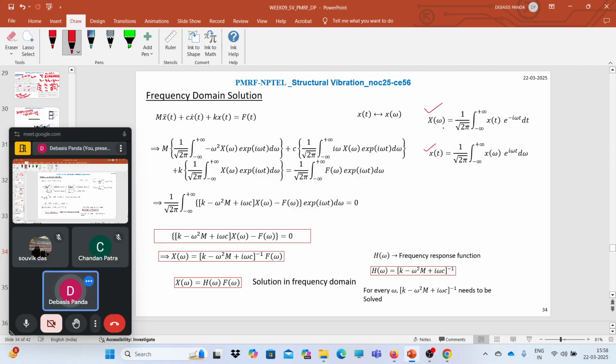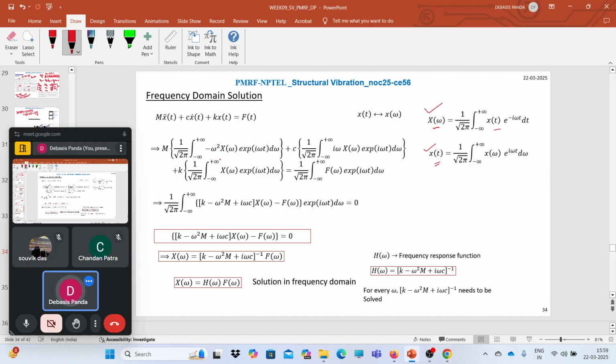The response in the frequency domain is 1 by root 2 pi, integration from minus infinity to infinity of x t e to the power minus i omega t dt. And x t, in the time domain, is 1 by root 2 pi, integral from minus infinity to infinity of x omega e to the power i omega t d omega.